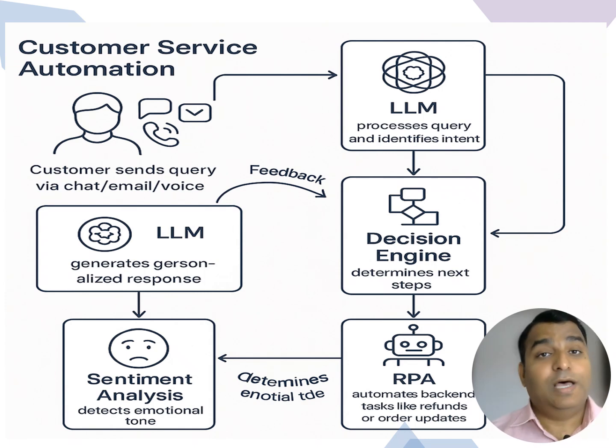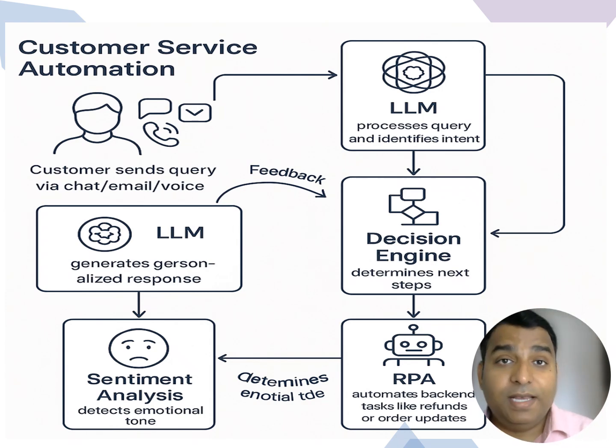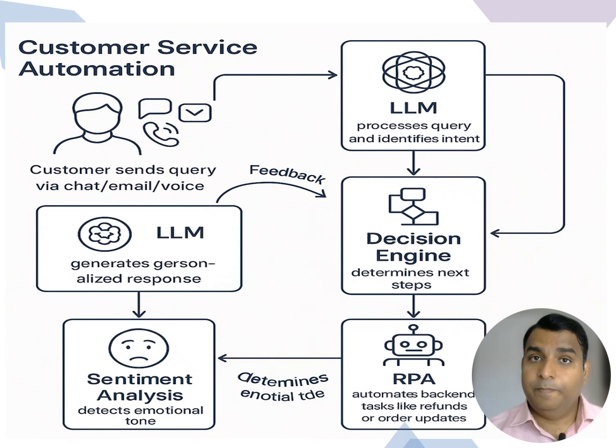So unlike rule-based bots in a traditional AI system, the agentic system leverages large language models and reinforcement learning to dynamically interpret customer queries, assess emotional tone, and resolve issues without escalation. These AI agents can also automate backend tasks such as data ingestion, cleansing, and formatting as well.